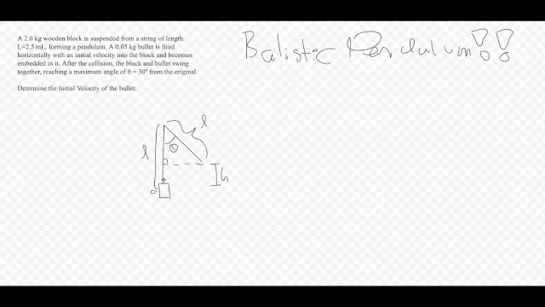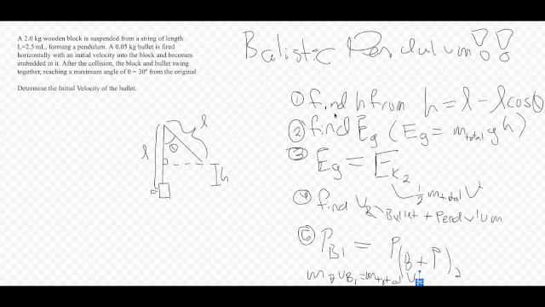And the height happens to be the difference at the end of the string. So the bullet will then travel with the block up here. If we can subtract this side of the triangle from L, we are able to find the height. So using that, we can then move on to the 5 steps that we can take to find the initial velocity of the bullet.